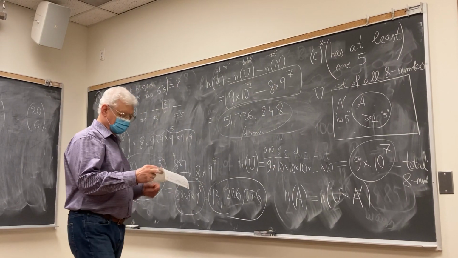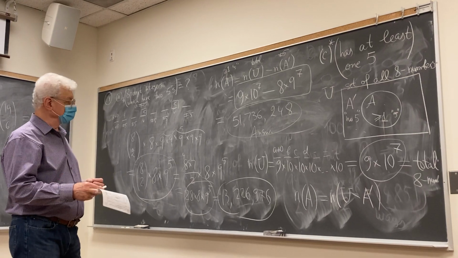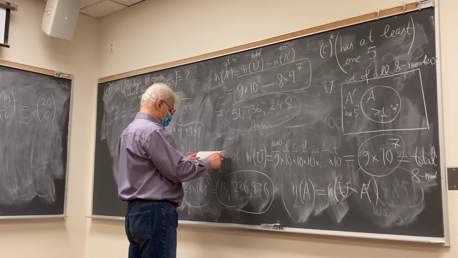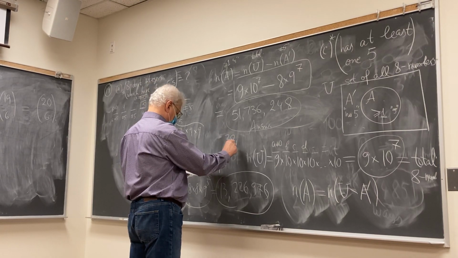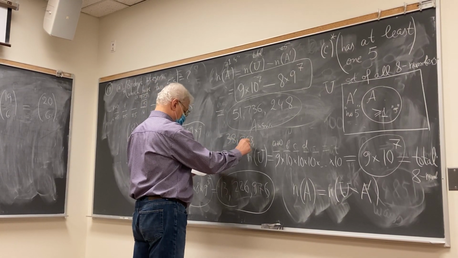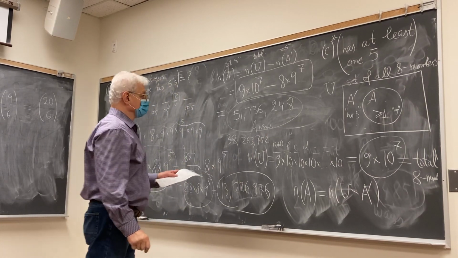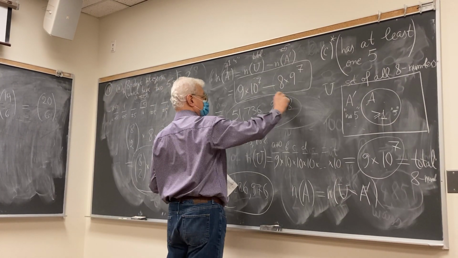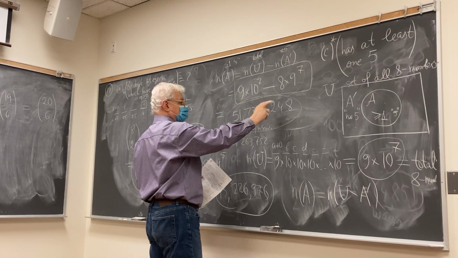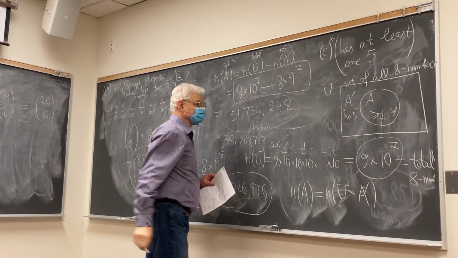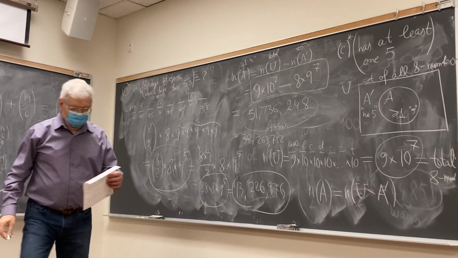So we can compare, and the difference between this number and the previous one is 38,263,752. So this is that number. So that difference is bigger than that number.